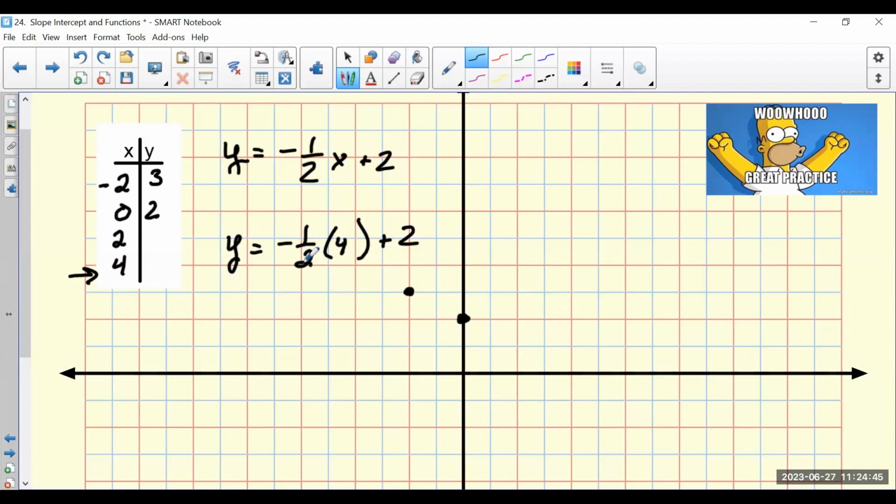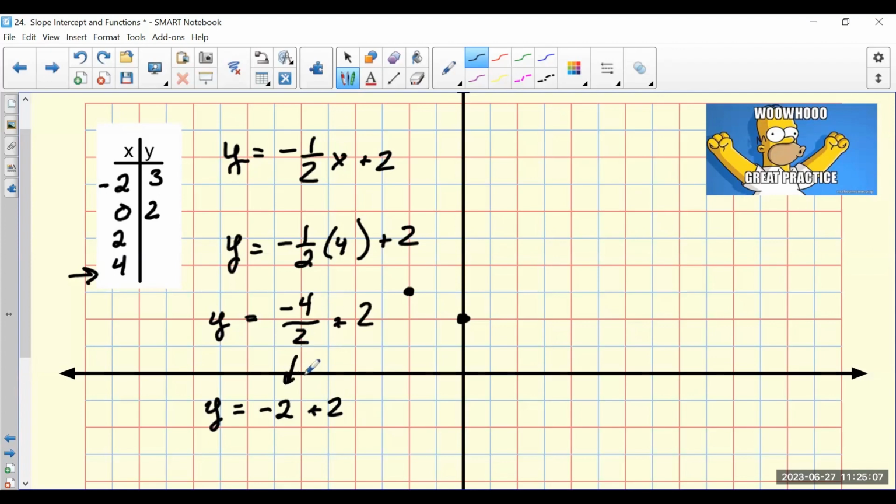-1/2 times 4 would be -4 over 2. So it's going to be negative. So we're going to get 1 times 4, -4 over 2 plus 2. Next step, y is equal, well, -4 divided by 2 is -2, plus 2.